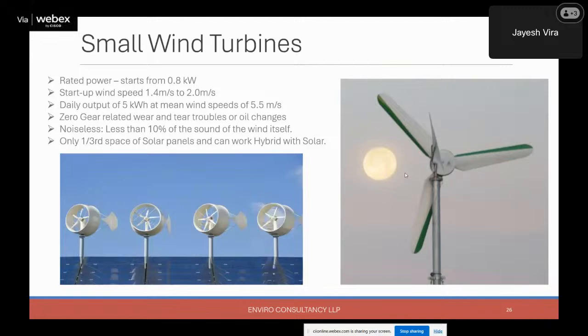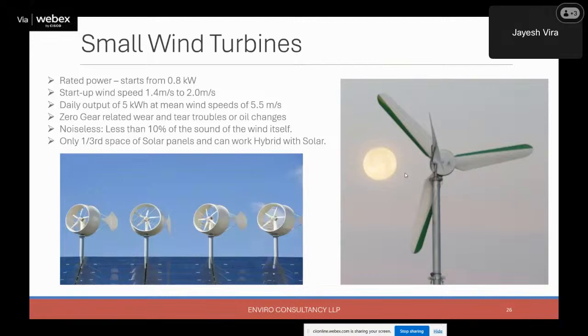You get these wind turbines as small as about 0.8 kilowatts, or 800 watts, and the starting speed is about 2 meters per second. If there is a wind speed of that, the electricity starts generating. If there is a stable wind speed of about 5.5 meters per second, you get about 5 units per day.